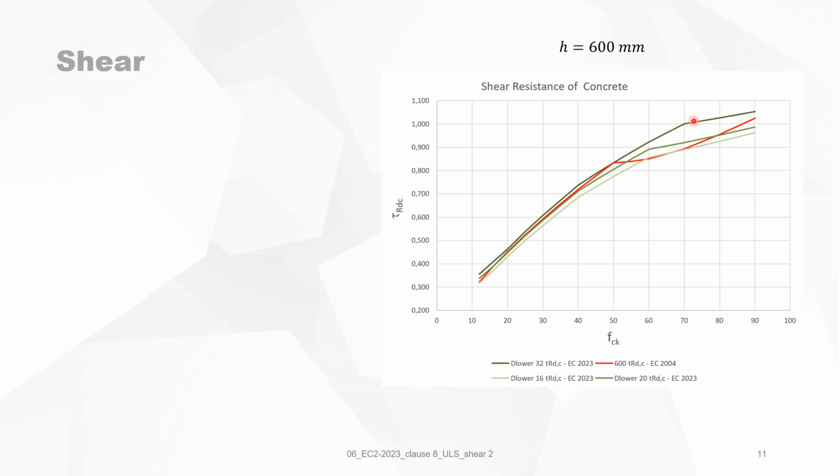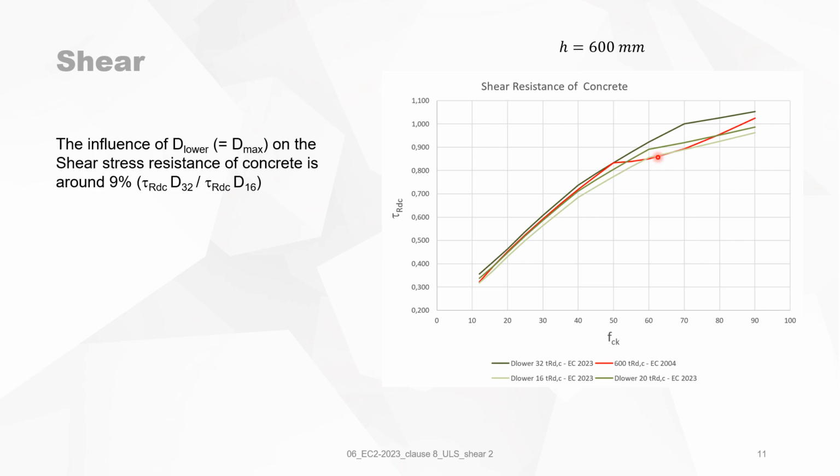So you'll see immediately that there is for high strength concrete, and even for the other concrete, a significant difference in capacity. So the influence of the choice of d lower is there. And this is in absolute value in megapascal.